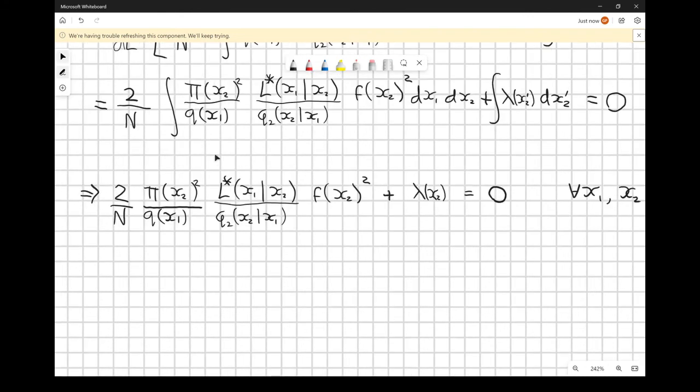So remembering that integrals can really be thought of as infinite summations, we can guarantee that this expression here is equal to 0 if we ensure that this expression below is equal to 0 for every single value of x1 and x2. In this particular case we're only considering two specific values of x1 and x2, but we're going to guarantee that it holds for all of them, and by doing that we'll guarantee this condition above.